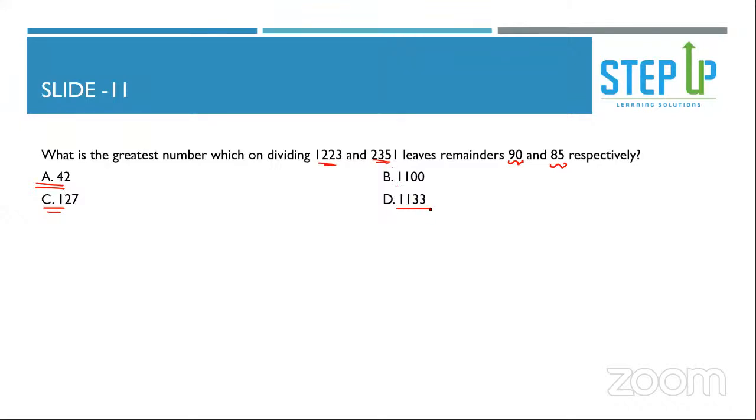How about this and this? From the options, they are saying it leaves remainder 90. So if I go with 1223 divided by 1133, 1133, this is 0, this is 90, right?